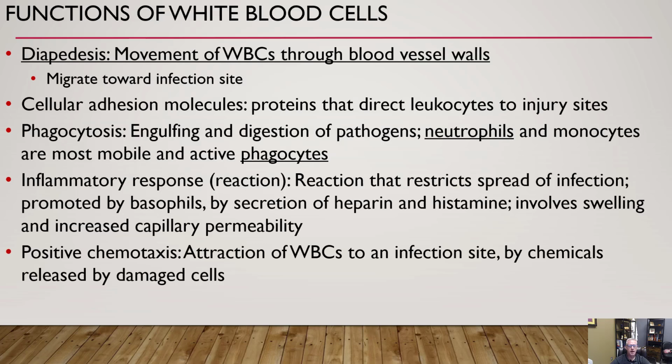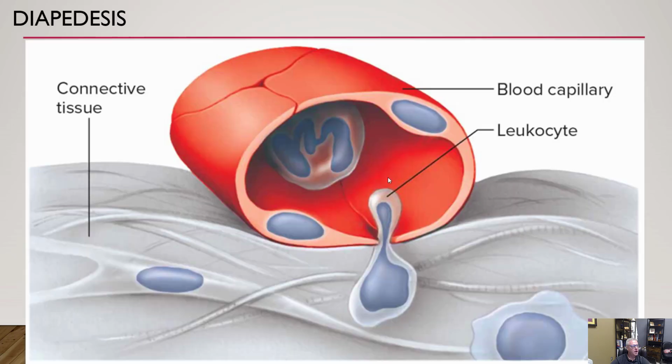So, functions of white blood cells. White blood cells move through blood vessel walls towards infection sites, and that's called diapedesis. So here we can see that the white blood cells are actually kind of leaking through the wall of this capillary. That's what it means by diapedesis.